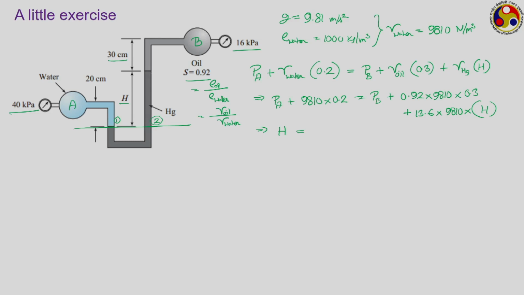However, one thing you have to be careful about here is the unit of pressure. Both Pa and Pb are given in kilopascal, whereas the others you have already converted to the basic SI unit. Therefore, for the value of Pa minus Pb that we are going to use in calculation, you should put Pa equal to 40 into 10 cube Pascal and Pb equal to 16 into 10 cube Pascal.